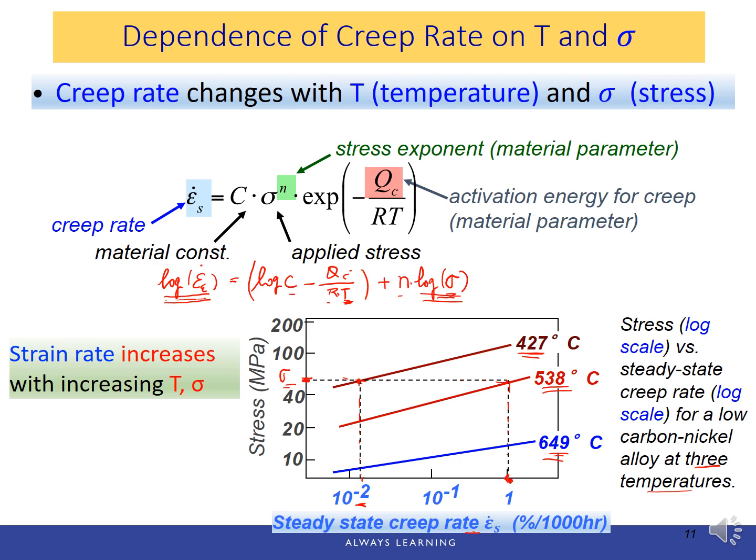Clearly, this point is bigger than at the lower temperature. That's why we say strain rate increases with increasing temperature. Same idea for increasing applied stress: if we compare at the same temperature, like 427 degrees Celsius, the higher the applied stress, the higher the strain rate.